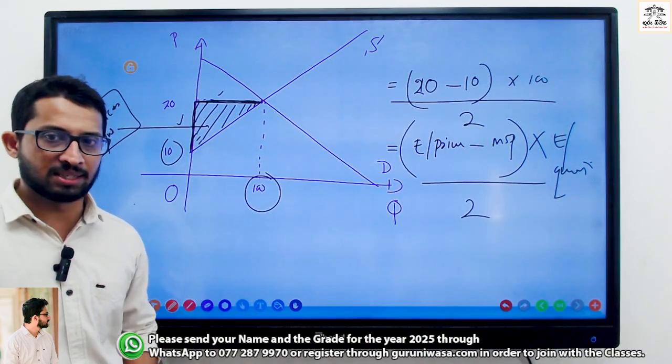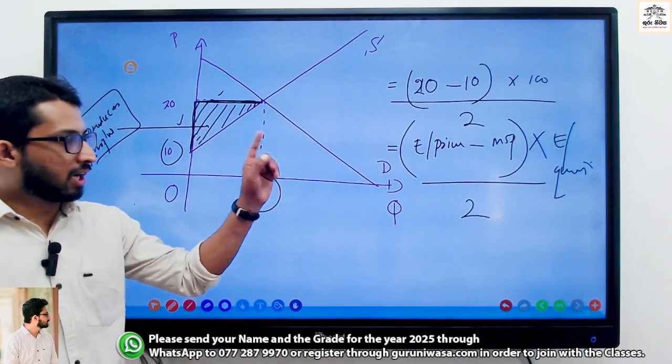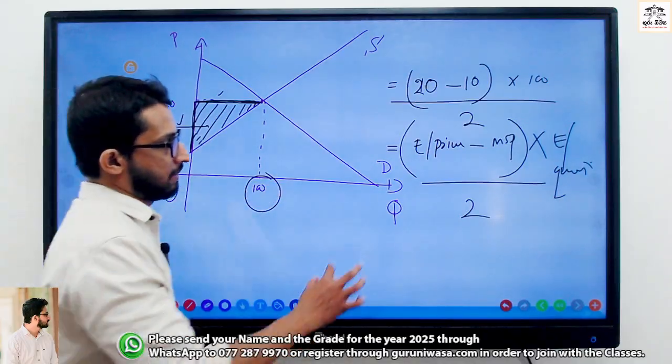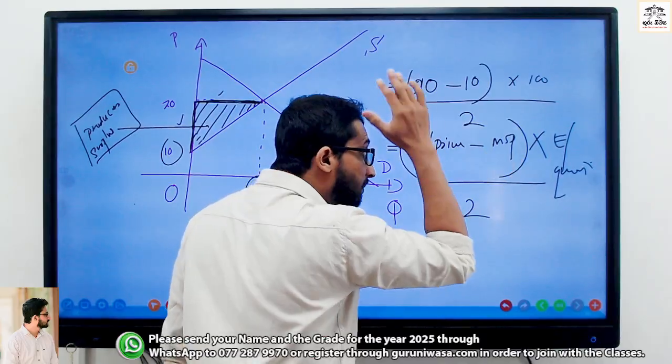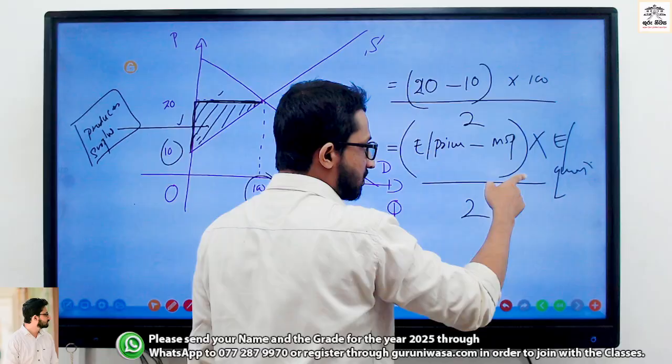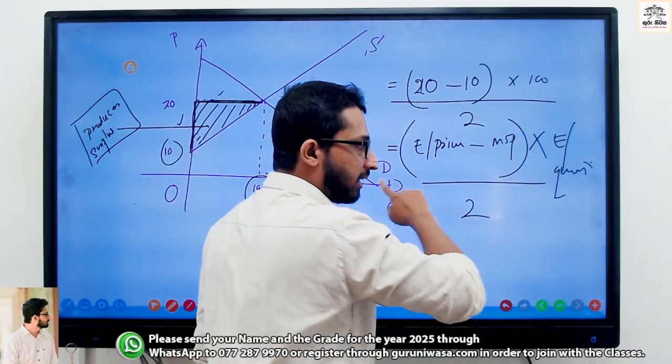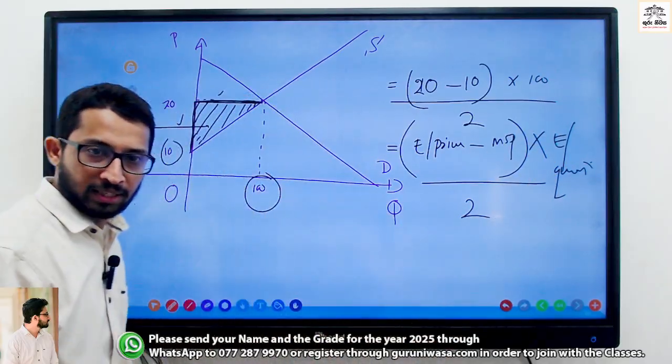Don't try to memorize it. Understand the logic. How to calculate producer surplus? Equilibrium price minus minimum supply price, into equilibrium quantity, divided by 2. Right.